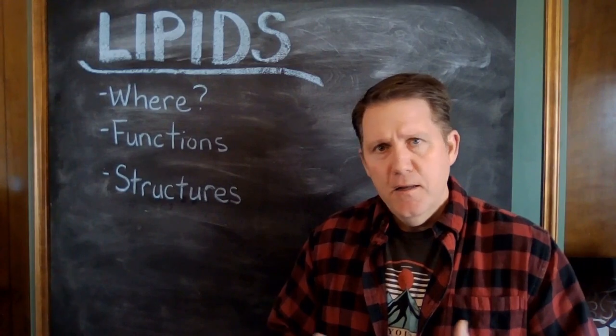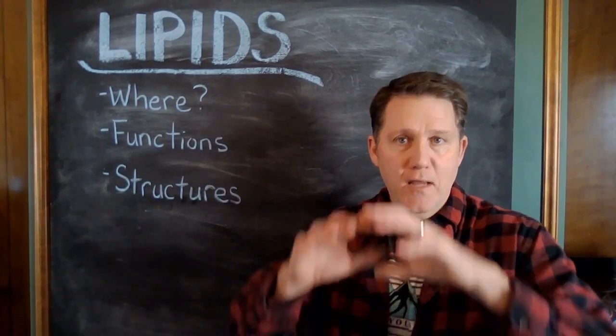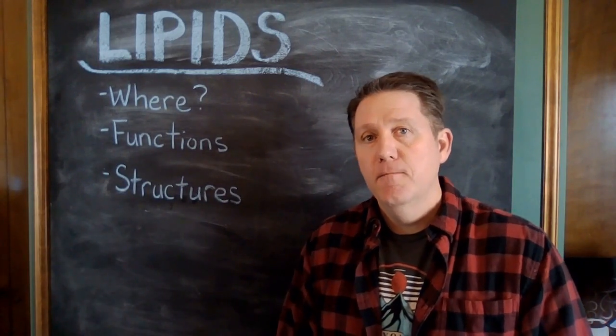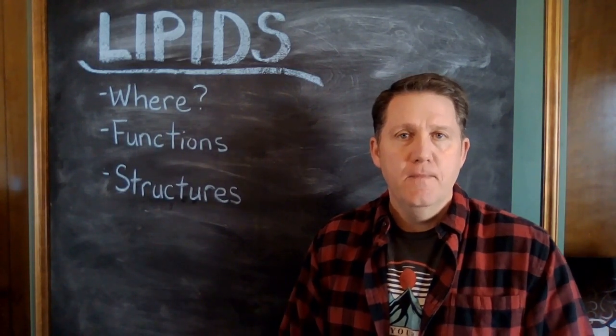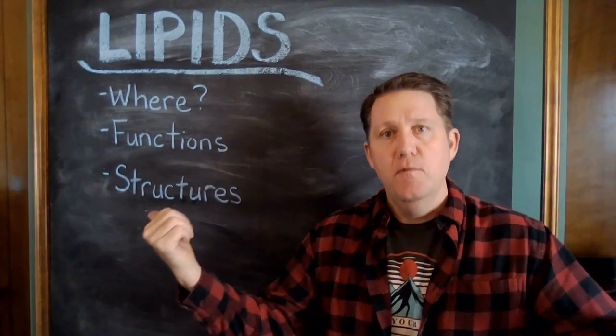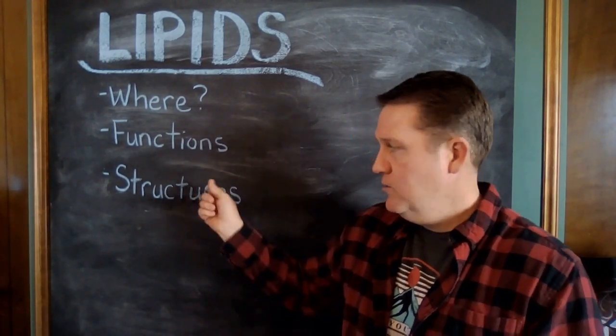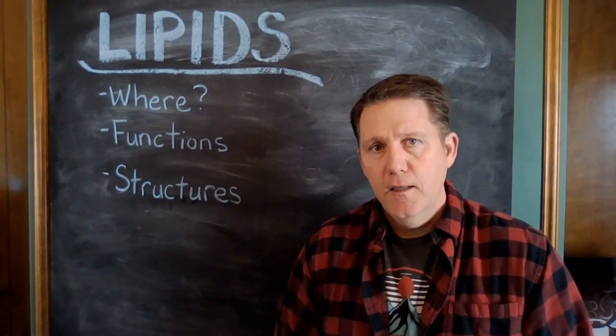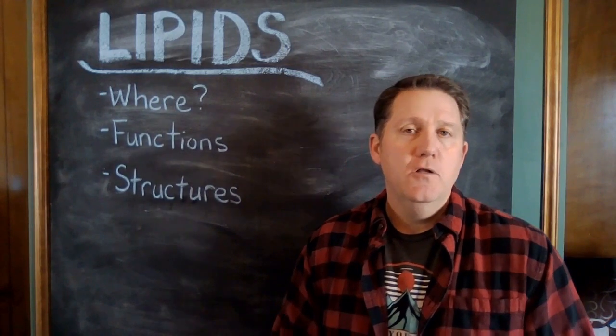Another one that we can't necessarily see on a large scale, but around every single cell, there's a special kind of lipid called a phospholipid that makes up most of that membrane around the cell, separating the inside from the outside. And we'll go into each of those types and look at their structures here in a moment. And then finally, cholesterol.